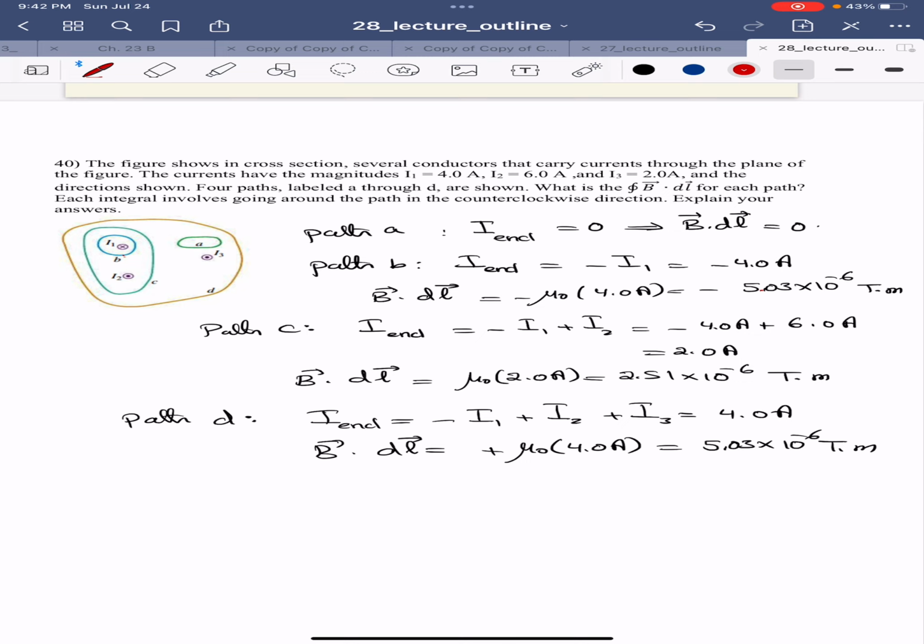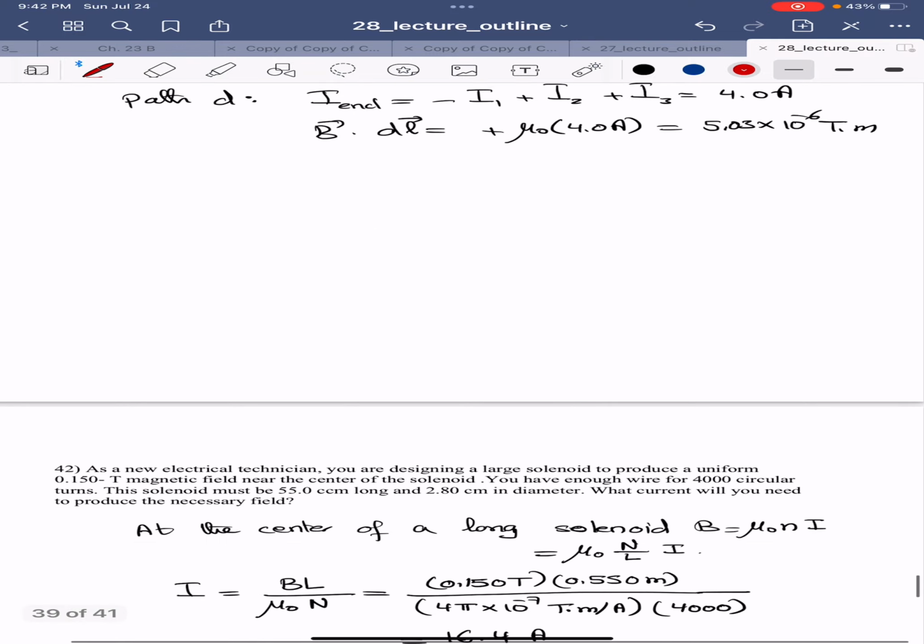And then B dot dl is going to be mu 0 times 2 amperes, and that is going to be 2.51 times 10 to the negative 6 tesla meters. Path D is going to be all of them together, so I1 negative, I2 and I3 positive, and then the result is going to be 4 amperes, and it's going to be 5.03 times 10 to the negative 6 tesla meters.